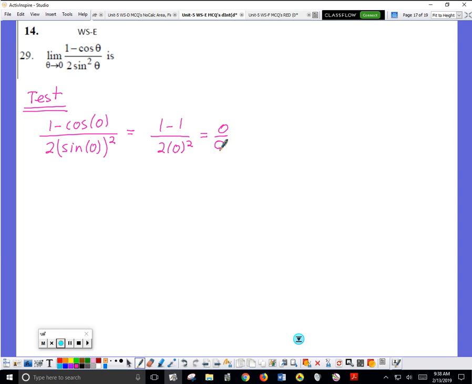Awesome. So the next step is to find f prime, meaning the derivative of the numerator, f prime of theta in this case. So f prime of theta is going to equal the derivative of 1 minus cosine of theta. That's going to equal 0. See Susie's circle, derivative of negative cosine is positive sine.